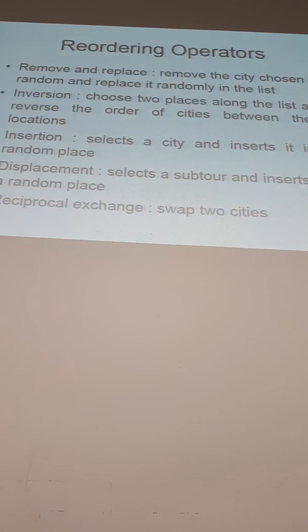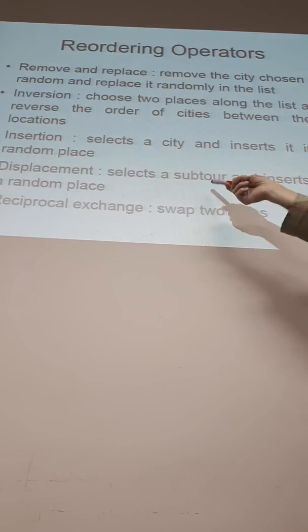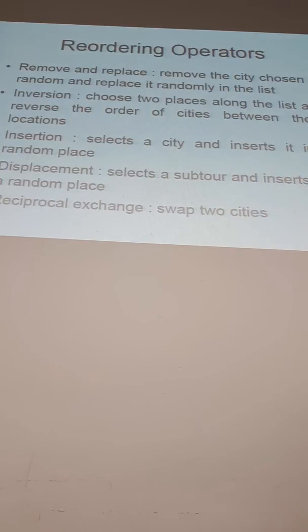So instead of going forward, we go backward in a subtour. Then we have displacement. We take a subtour and insert it in a different random place. So most of these ideas are based on the assumption that some part of the way is good, and we can just modify it, starting first from the city or later.